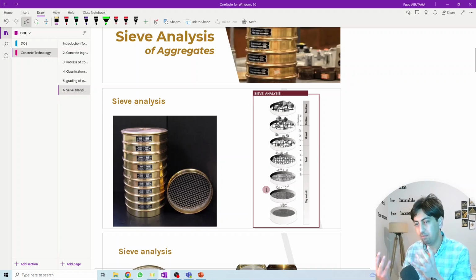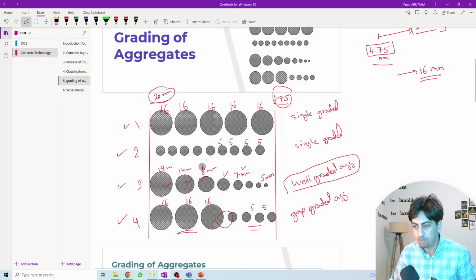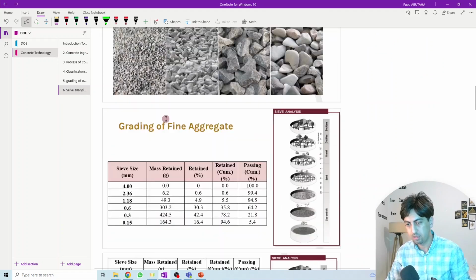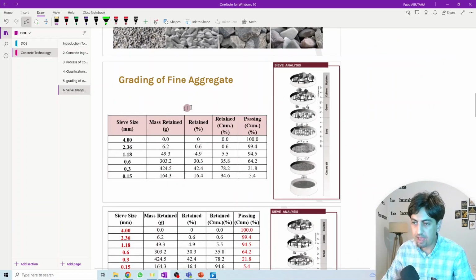This will help us know the quantity of the particle size in each sieve, so we can know the distribution, whether we have a good distribution of different particle sizes in this range or not. So this is in general how it looks. This is an example of how the sieve analysis test and procedure is done in the lab.